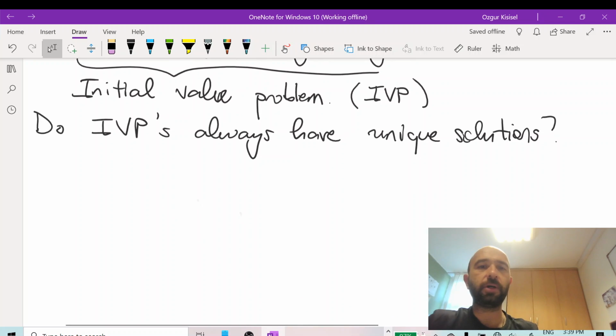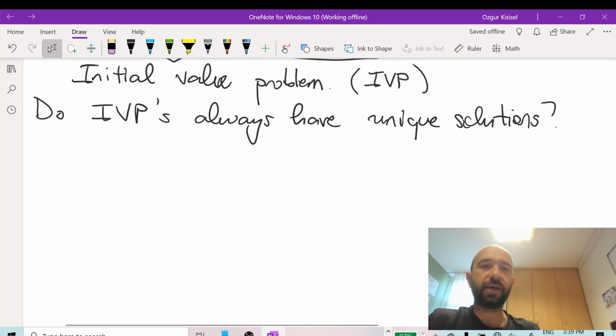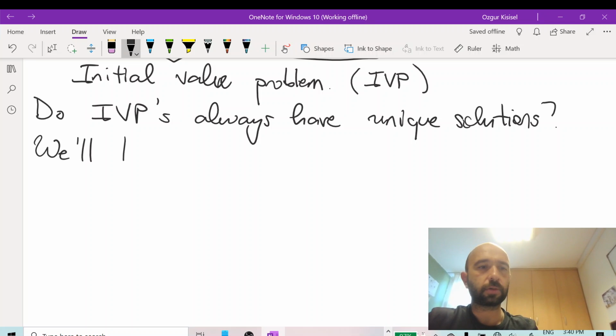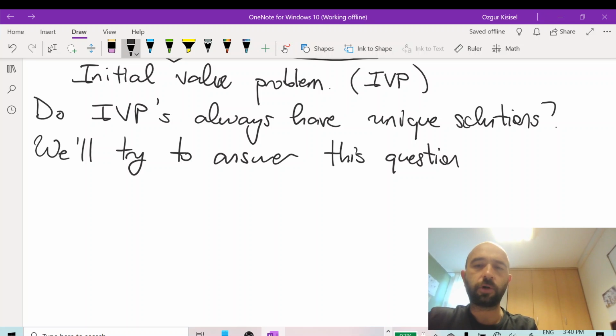That's the existence part. And can it have more than one solution, or is it supposed to have just one solution, unique solution? That's the uniqueness. Now, we'll try to answer this question for linear and nonlinear equations separately because there are some differences.